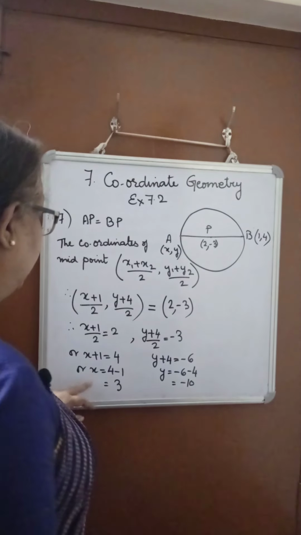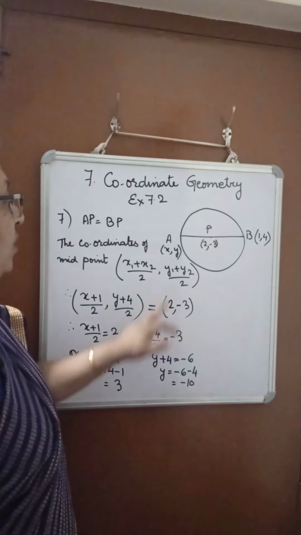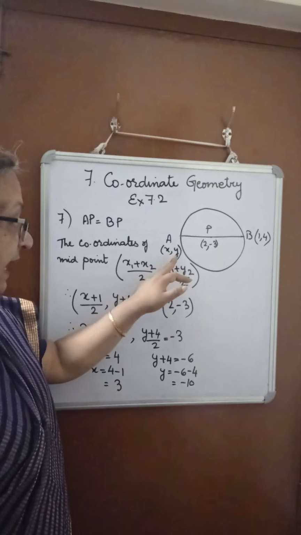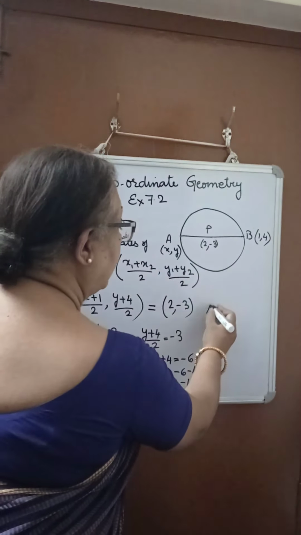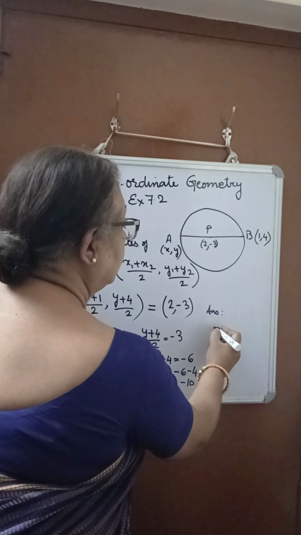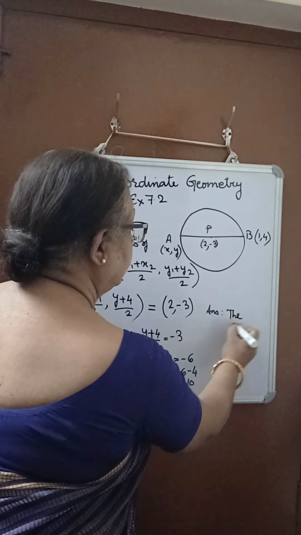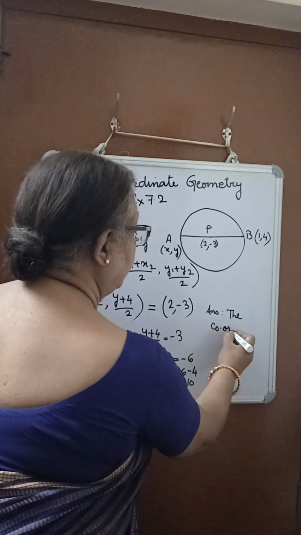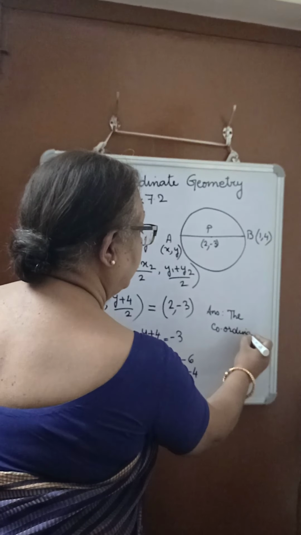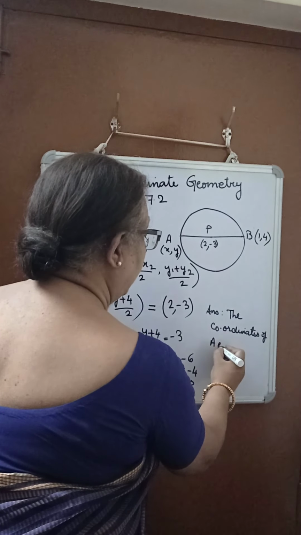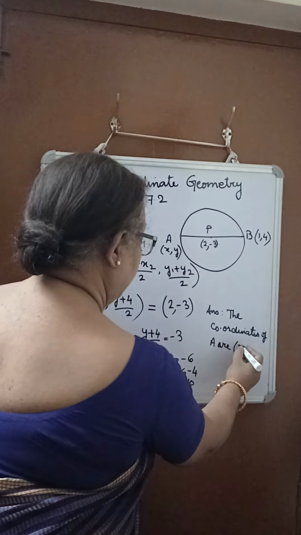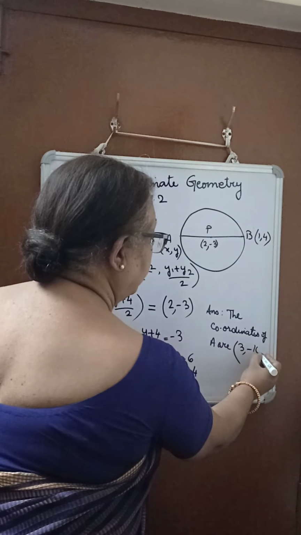So these x and y are the coordinates of A, that is what we were asked to find. Therefore, the answer: the coordinates of A are (3, -10).